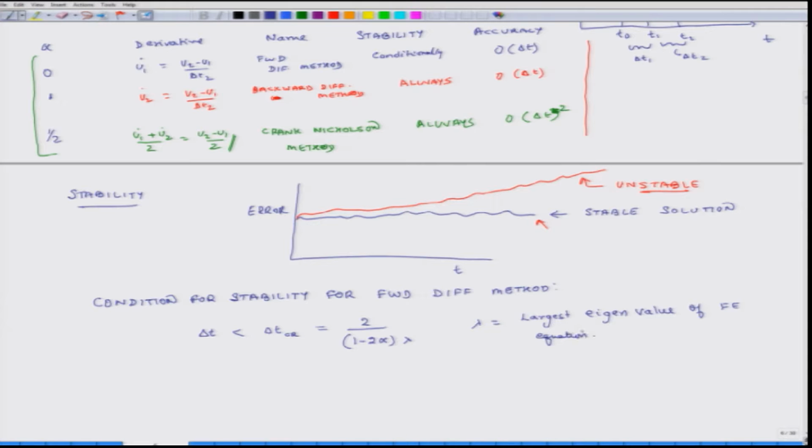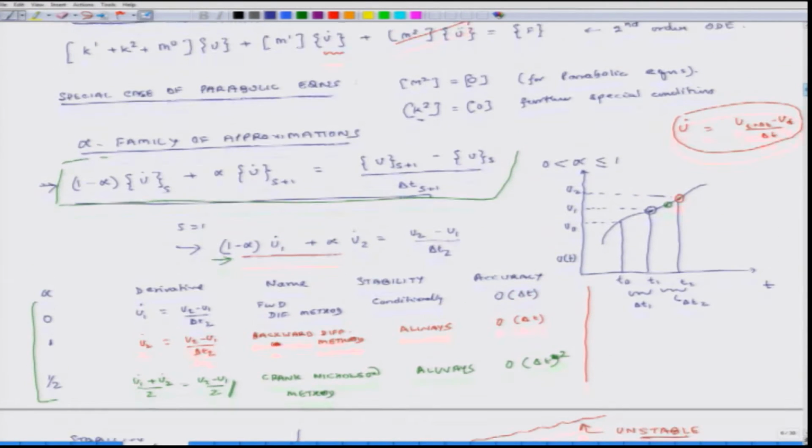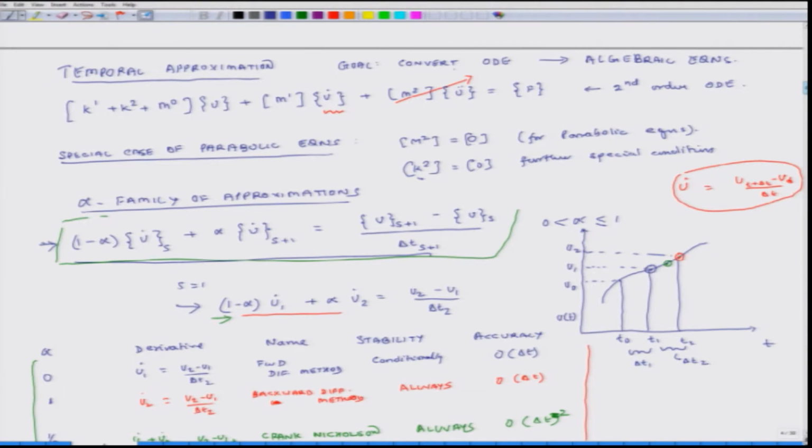So, how do we calculate the critical time? We have to find the largest eigenvalue from this finite element analysis. And how do we find the largest eigenvalue? Essentially, in this equation the forcing function is 0. So, we make this side 0, and then we have already explained how to calculate eigenvalues.